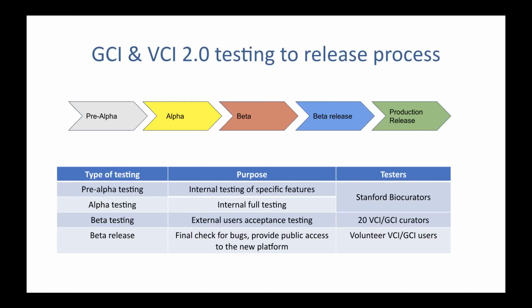So the alpha testing has been completed for quite a while, and now we're in the beta testing phase. Beta testing is where we have external users do acceptance testing, look for bugs, look for issues with the software, and provide us with feedback about the software. We had 20 wonderful volunteers, VCI and GCI curators, thank you all so much, who went in and did testing of the software for the VCI and the GCI.